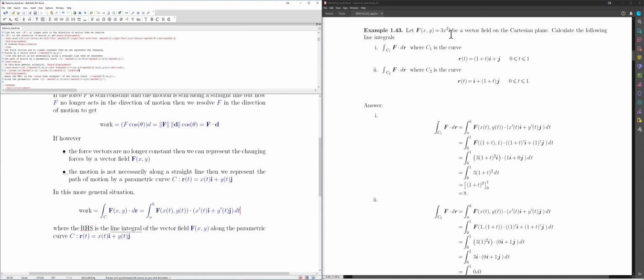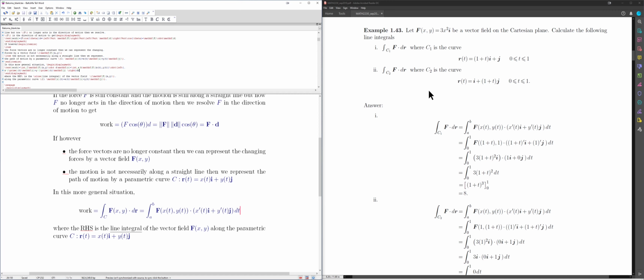But this does not have any y in it, so all you're doing is replacing the x by x of t, which is 1. So you're going to get 3 times 1 squared. This f of xy, 3x squared i, is the vector field, and what you're doing is replacing the x by x of t and the y by y of t.